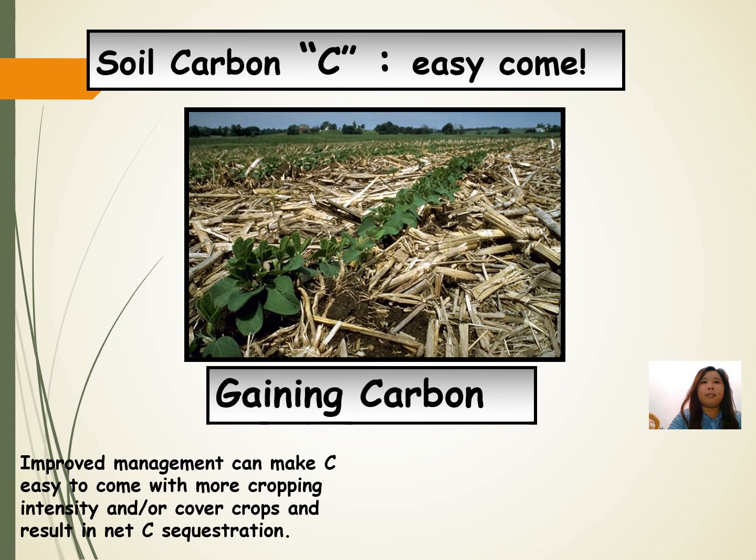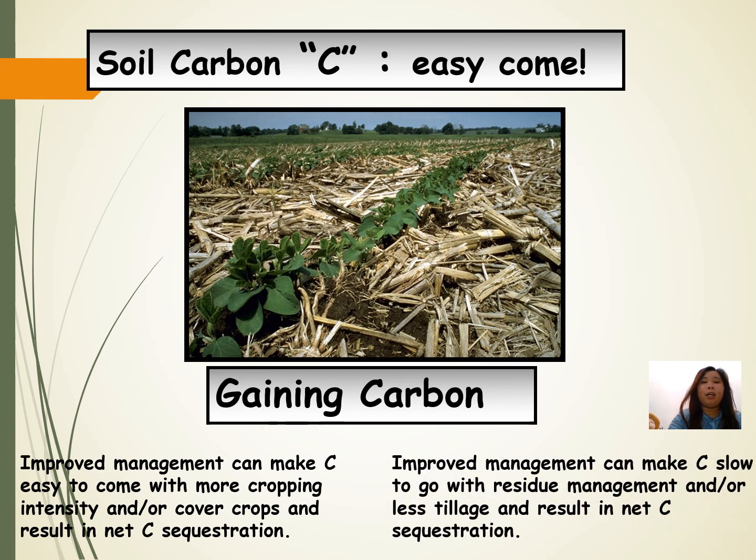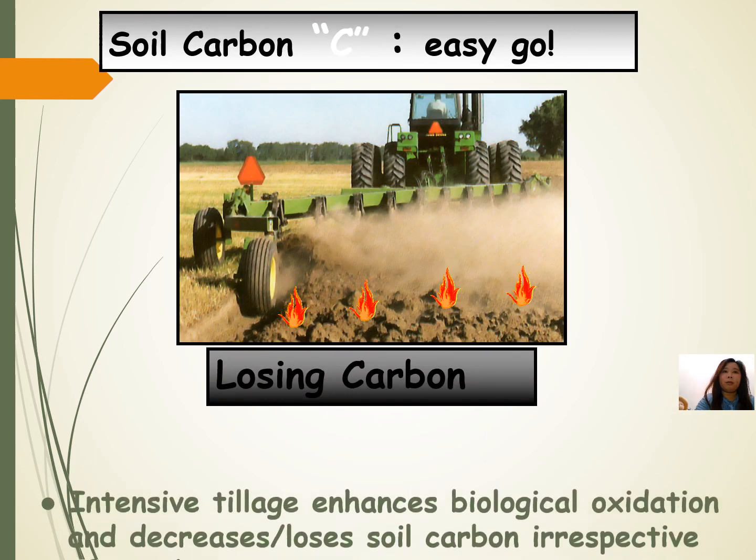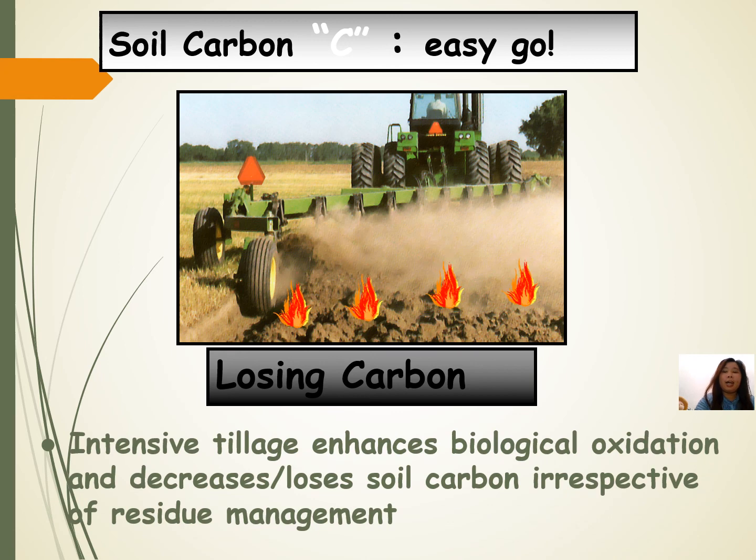Improved management can make carbon easy to come, with more cropping intensity and or cover crops, and result in net carbon sequestration. In addition, improved management can make carbon slow to go, that is with residue management and or less tillage, and result in net carbon sequestration. Intensive tillage enhances biological oxidation and therefore decreases or loses soil carbon irrespective of residue management.